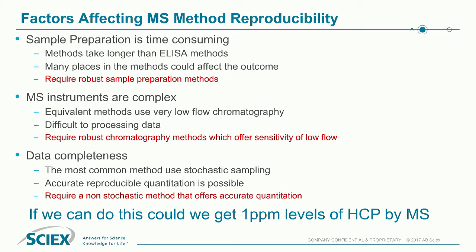And really what we wanted to do was find a way that we could make this more robust and provide accurate and reproducible quantitation as much as possible on as many compounds and proteins that are in there. So we required a non-stochastic method. And then the final question was, could we get this sub 10 ppm or to the single ppm levels for host cell proteins by mass spectrometry?